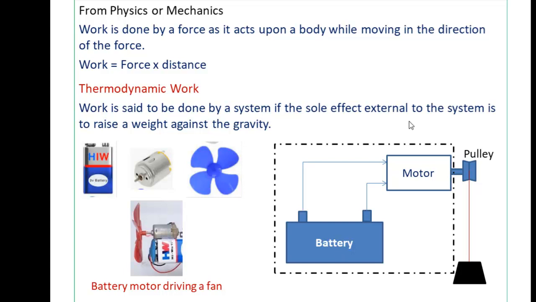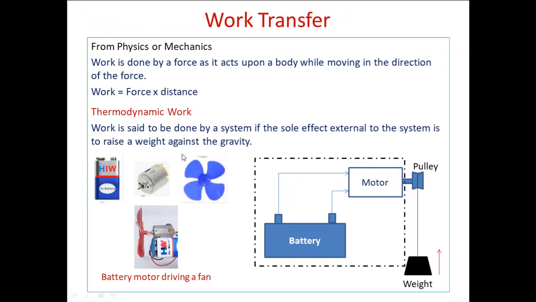Now when we allow the motor to rotate by supplying electric power from the battery, as the pulley rotates, the string is going to be wound over the pulley. As a result, the weight is going to be lifted up against gravity. So thereby we are proving that a battery connected to a fan through an electric motor does thermodynamic work, because we are able to prove that it is able to lift a weight against gravity.